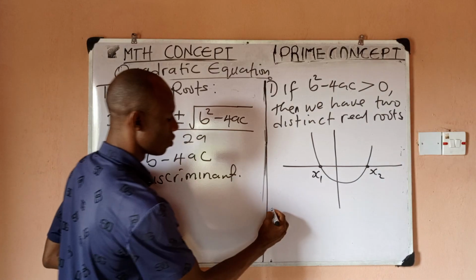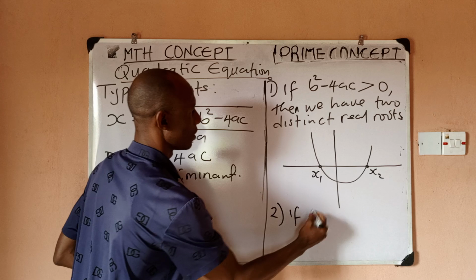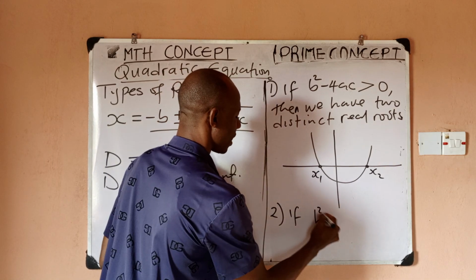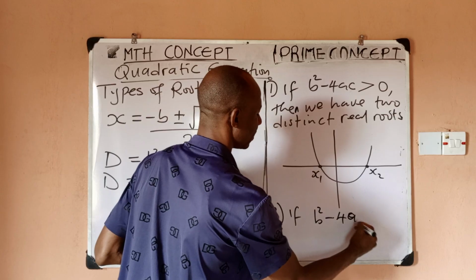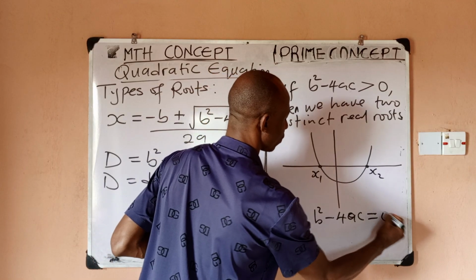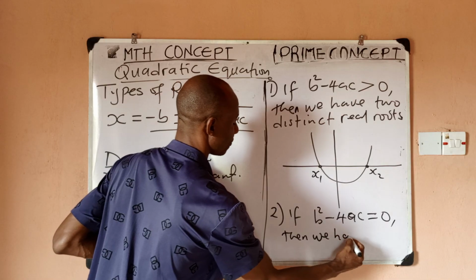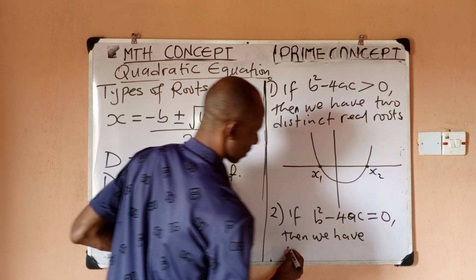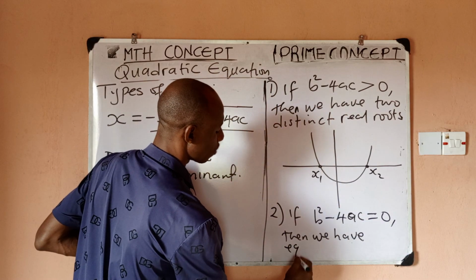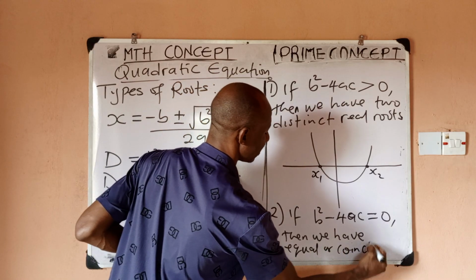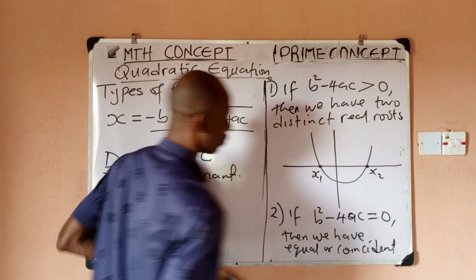Number 2, if b squared minus 4ac, our discriminant, is equal to 0, then we have equal or coincident roots.